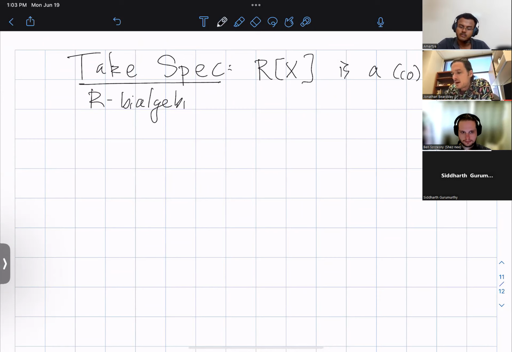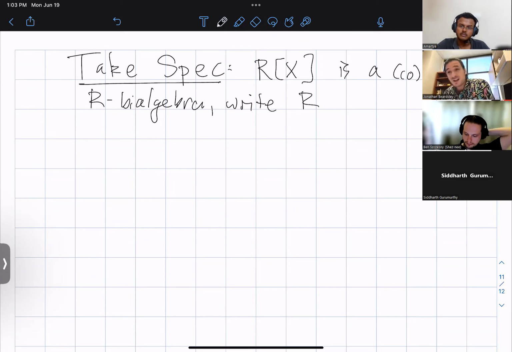In fact, it's an R Hopf algebra because by reversing the direction of the loops, you get an antipode. So maybe we'll write: spec of a co-commutative bialgebra gives you an affine group scheme. So I'll just write this as G for now.